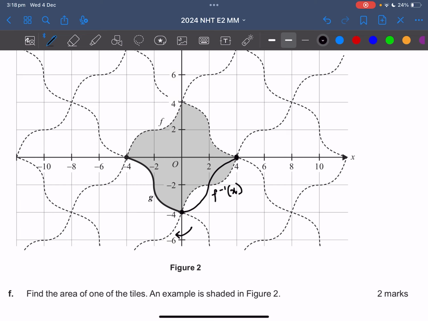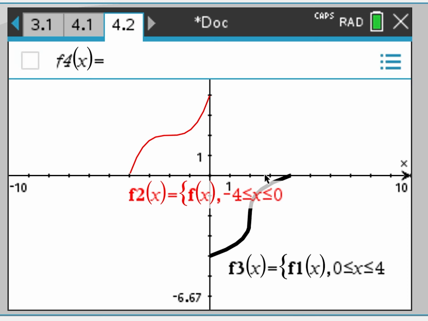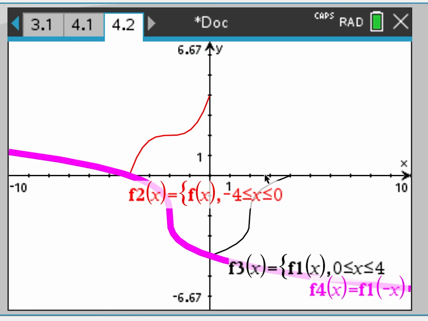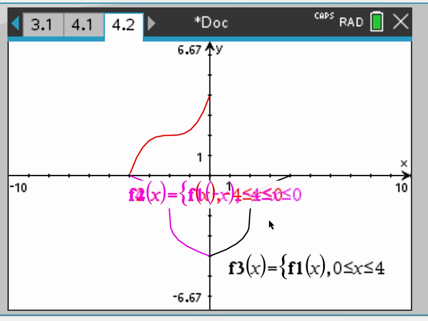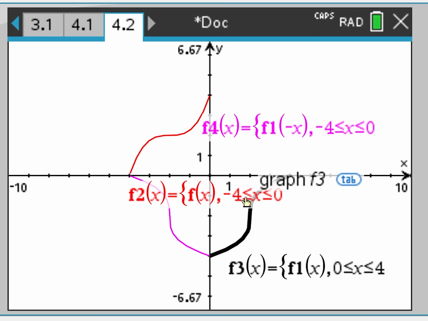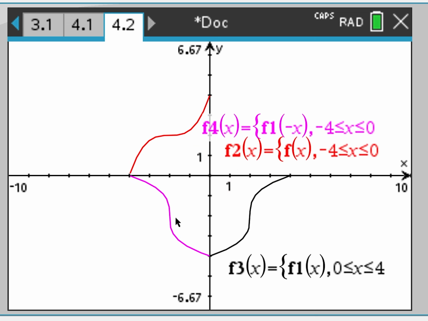So let's go back to the calculator and let's see. So f inverse of minus x, let's say. There you go. So if I were to restrict the domain from -4 to 0, there you go. So as you can see, we get the graph of g, right?